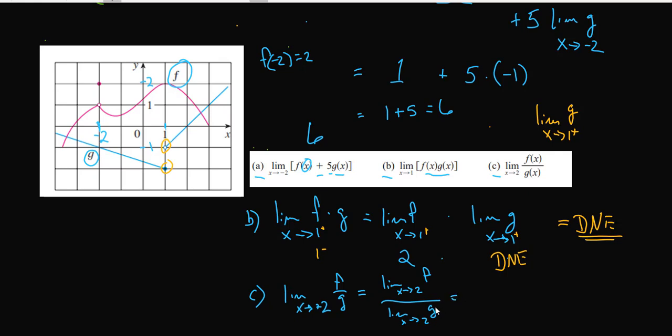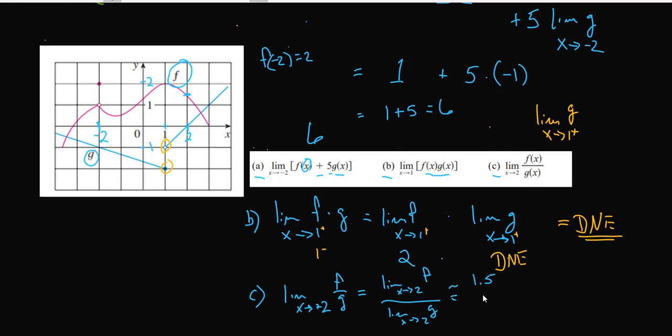But we can only use that if the bottom is not 0. But anyway, let's check the top. As x approaches 2, here's 2, we get this number. We don't even know what that height is, but we could estimate it as about 1.5 for the moment.